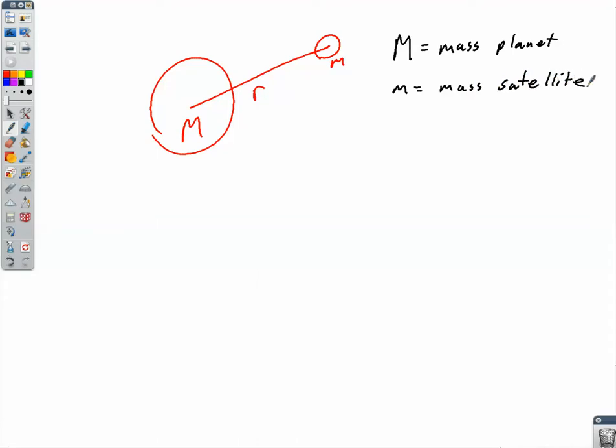All right, so again, Newton's law for universal gravitation. We've got Fg is equal to big G, big M, little m over r squared. But we've dealt with the force of gravity before. The force of gravity is simply the weight of an object. So if we're talking about, let's say, the surface of the Earth, the force of gravity acting on you, if you're little m, is just going to be little m times g, where g is the acceleration due to gravity.